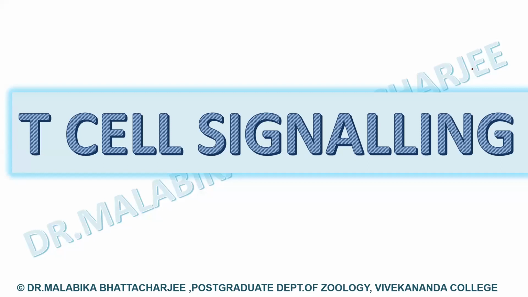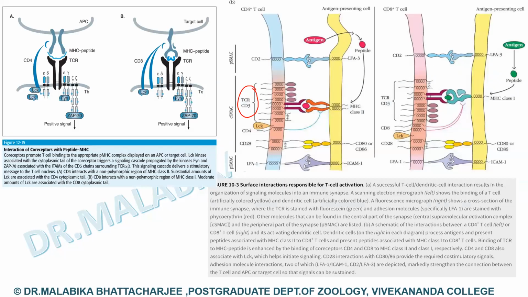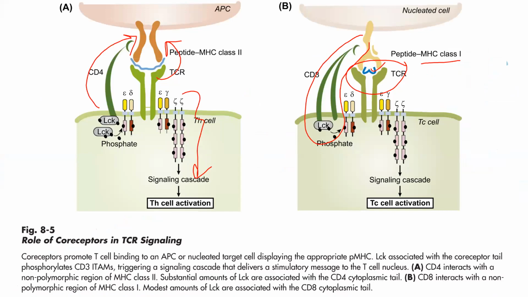Now, since we have studied the TCR CD3 complex, we'll be moving on to the basic signaling mechanism which occurs when the TCR CD3 complex is activated. Keep it in mind that when we are talking about the TCR receptor, the TCR alone is not self-sufficient.